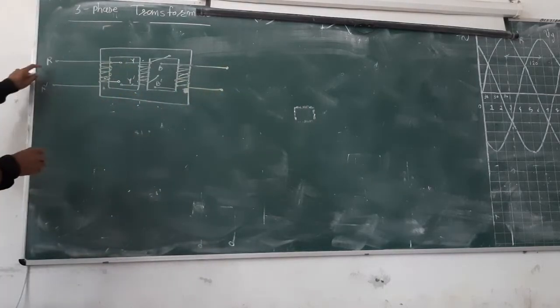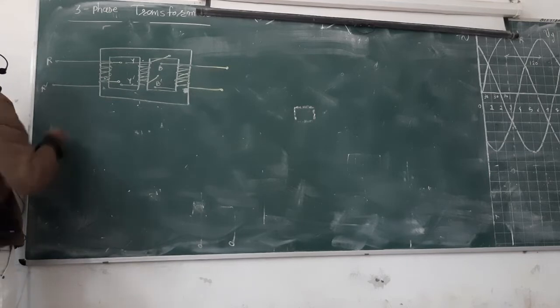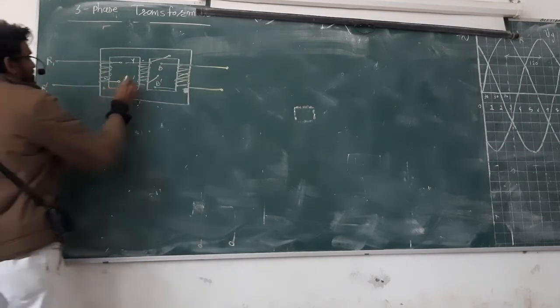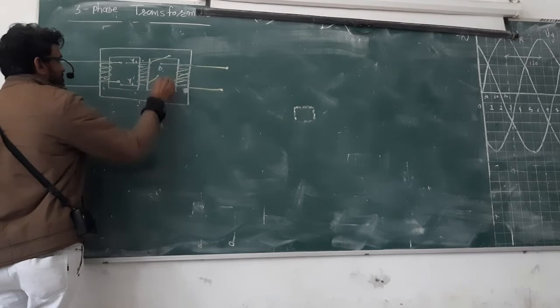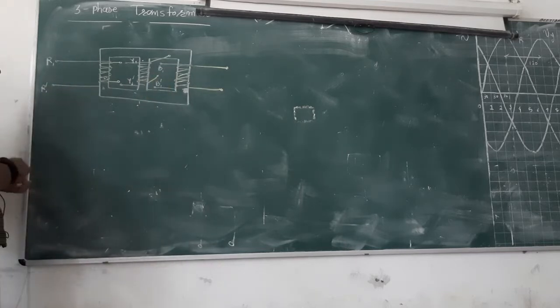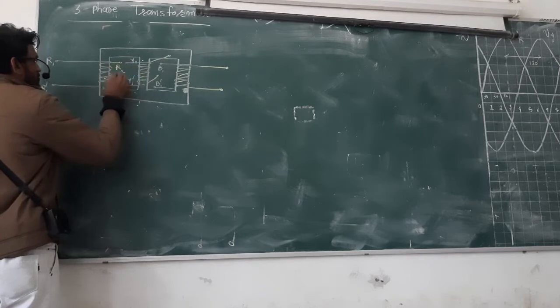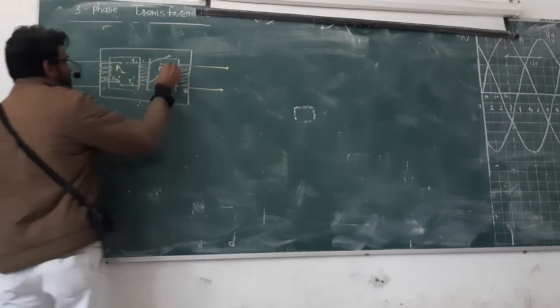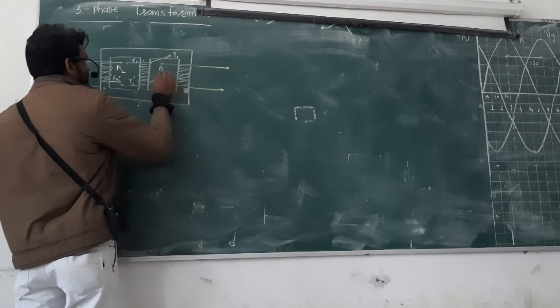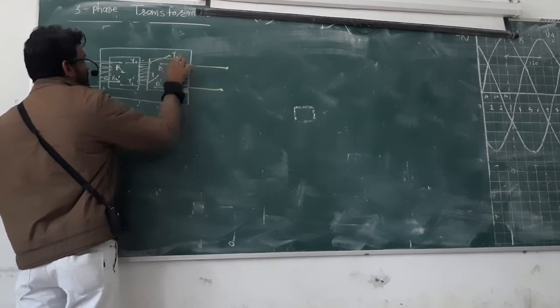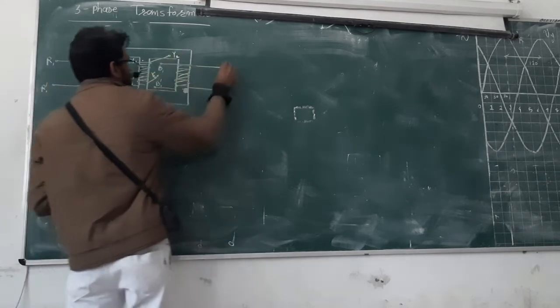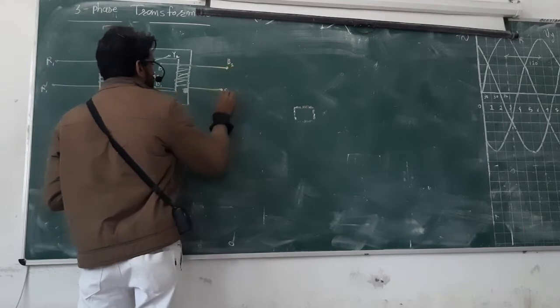Okay, so we call the primary side 1, let's say, when all the things are 1. And the secondary side is 2, so this will be phase R, with R2 and R2 dash. And this one will be Y1, and this one will be Y2, so Y2 dash, and B2 and B2 dash.